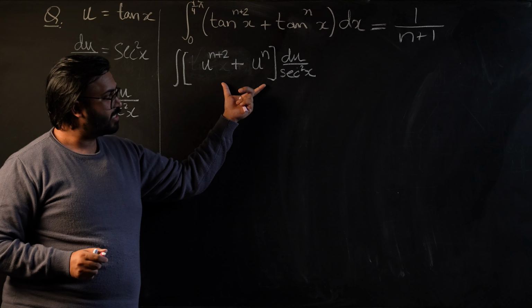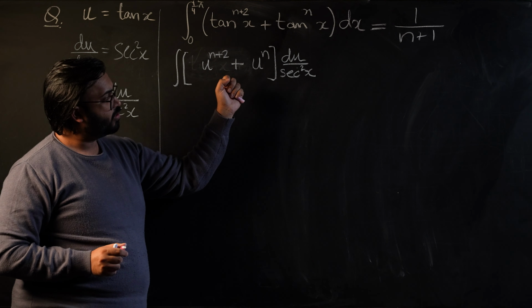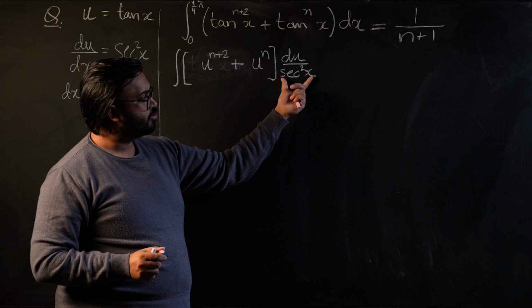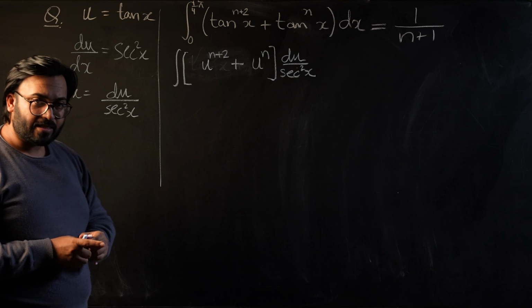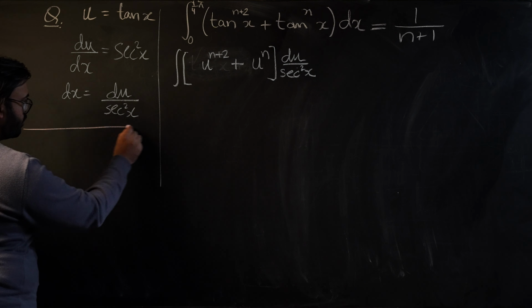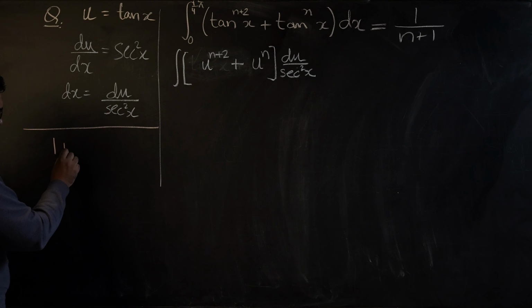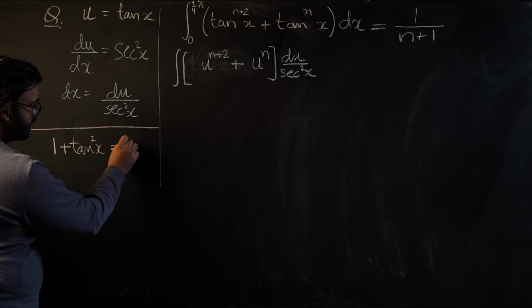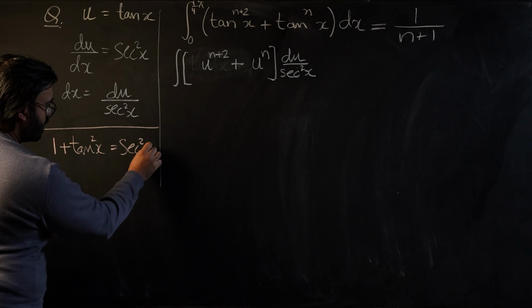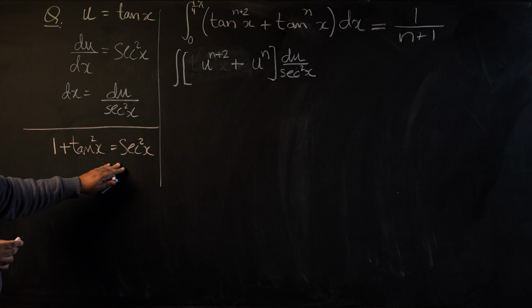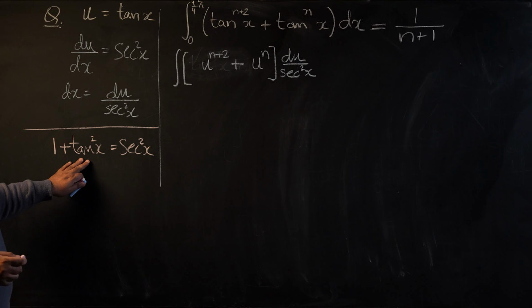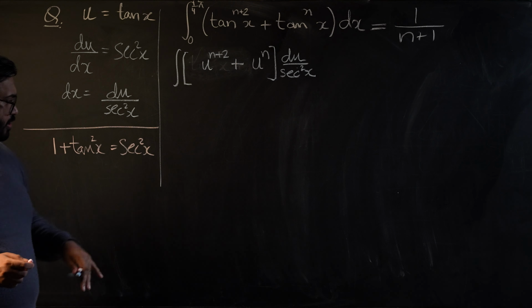It's not completely successful substitution as of now, because we have u and x still present, and first of all I'm going to try to get rid of this x, and the way we're going to do that is through this identity that we have been learning in paper 3: 1 plus tan squared x is secant squared x. It's a very important identity that you must know in paper 3. We use it at 3-4 places, and you must know that secant square and tan are very closely related.